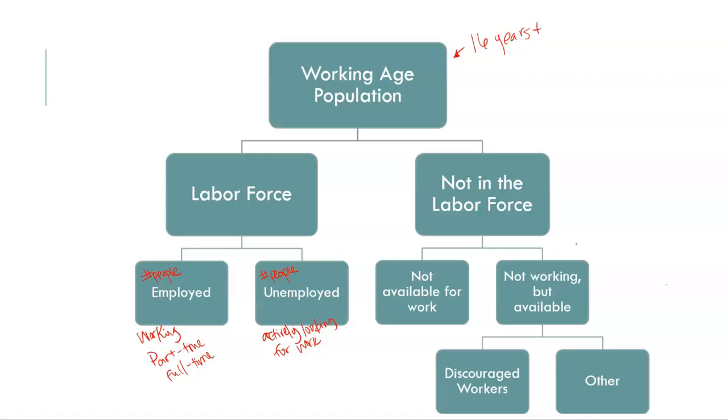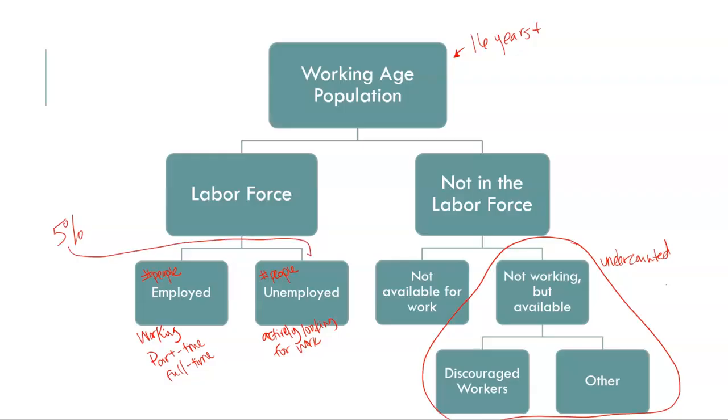And so the people who are not working but available, these people are potentially undercounted when we're looking at the total unemployment rate. We're not counting people who maybe we should be. So if we see an unemployment rate of 5%, it's only referring to these people who are actively looking for work.